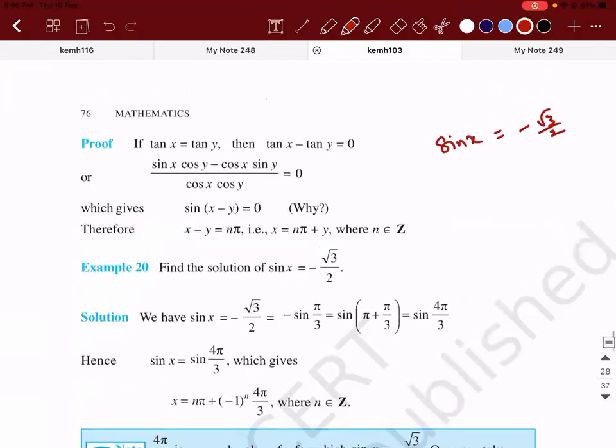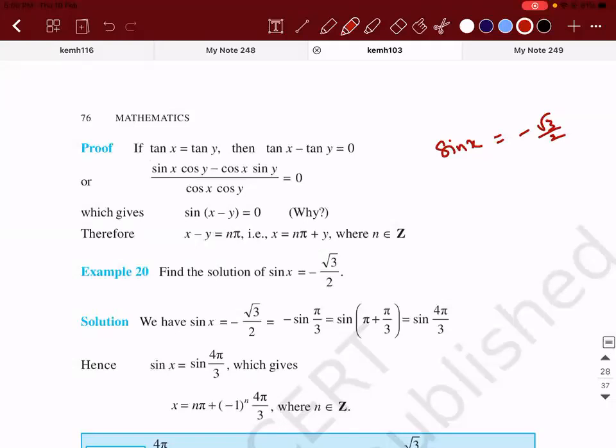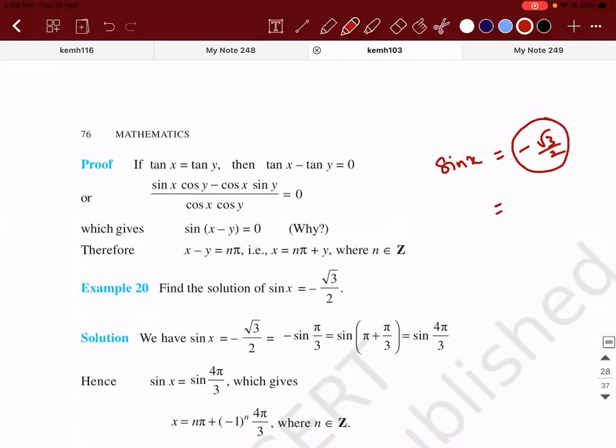Okay. So sin x is equal to minus root 3 by 2. Listen to the logic, okay? So this minus root 3 by 2 you are writing, no? Now you need to think, where will sine give you a negative value for the first time? Third quadrant, right? So whatever I'm saying, do it as rough work.